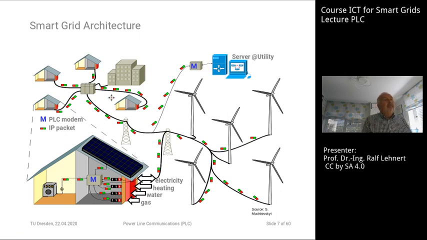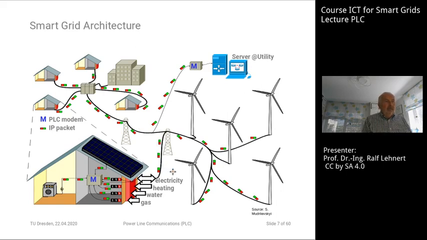And you are using power line communication. That means this is not only the power line to transfer electric power, but also the communications medium to transfer data packets, Internet Protocol packets, IP packets, which are sketched here.